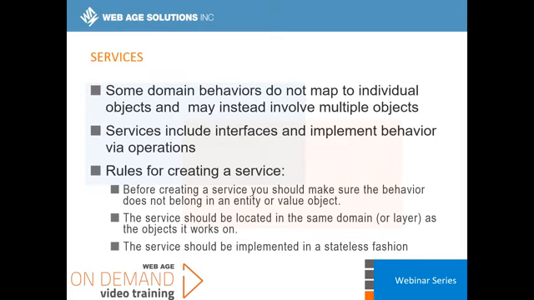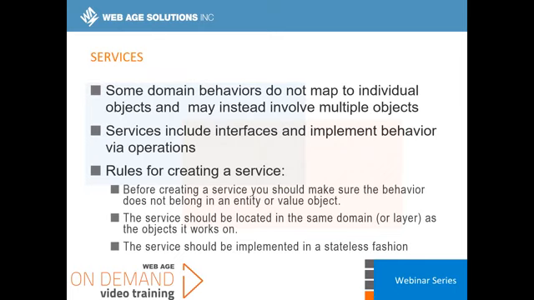No individual aggregate, entity, or value object should own that behavior. It is a system-wide behavior, or perhaps something that spans multiple kinds of bounded contexts. So we have the notion of a service, and services have interfaces, and services implement behavior.